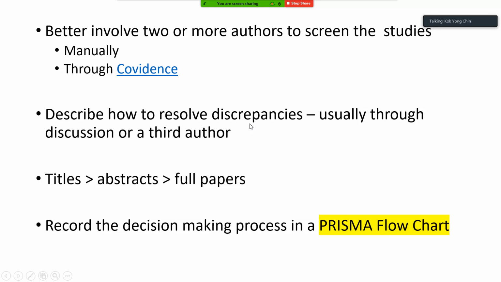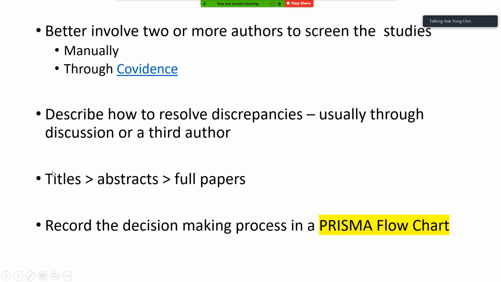Let's say the 2 authors cannot reach agreement in deciding whether study A should be included or excluded, because one says no, I don't want it, another says I want it. So usually it's resolved through discussions, or maybe you want to involve a third author to decide whether the study should be included. Usually we start to screen the papers based on titles, then we look at abstracts, then we look at full papers.